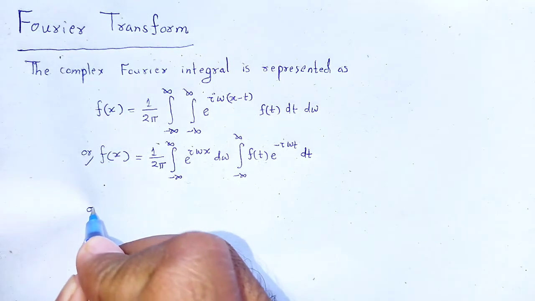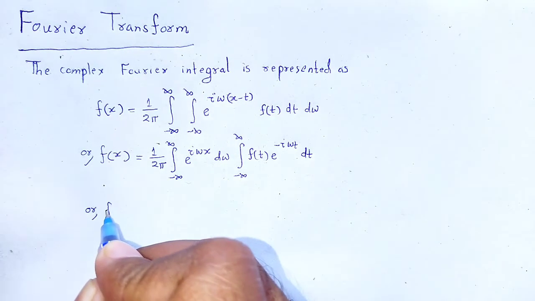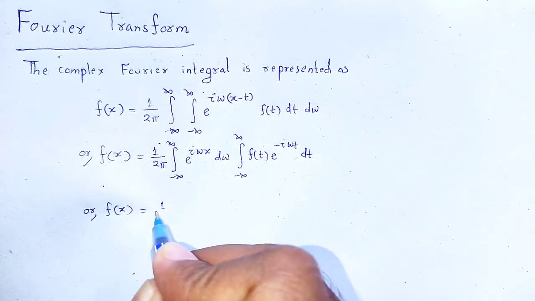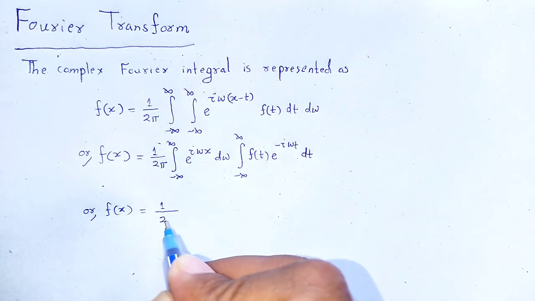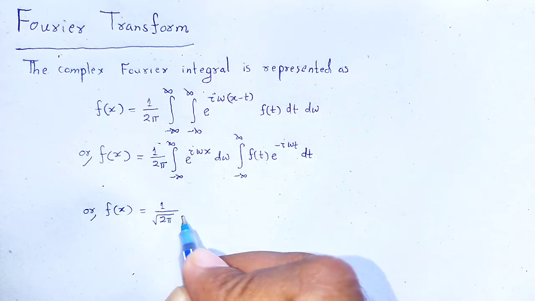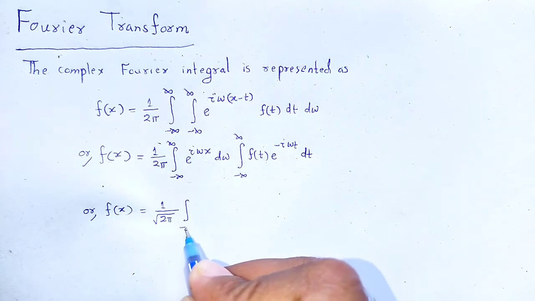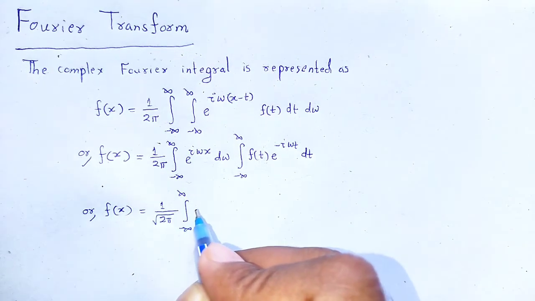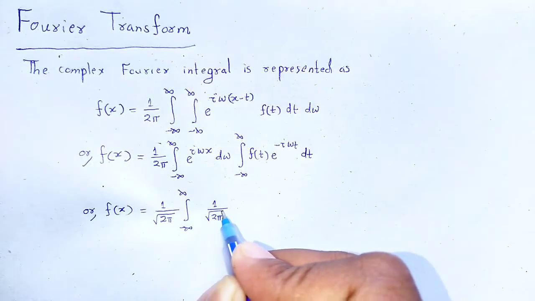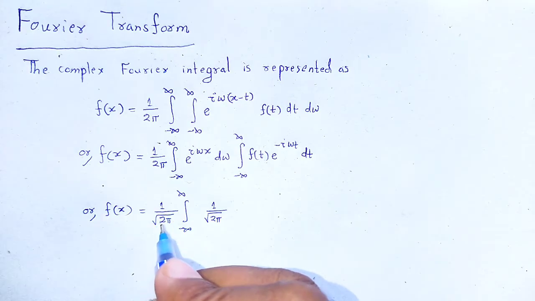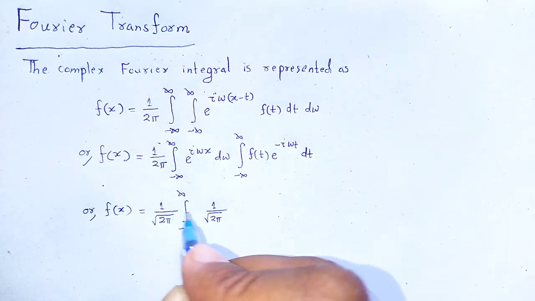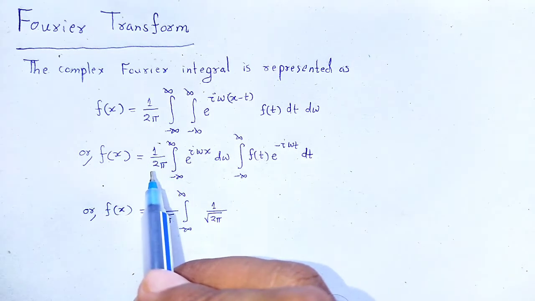Or f of x is equal to 1 by under root of 2 pi, integration of minus infinity to plus infinity, 1 by under root of 2 pi. These two multiplication results 1 by 2 pi.